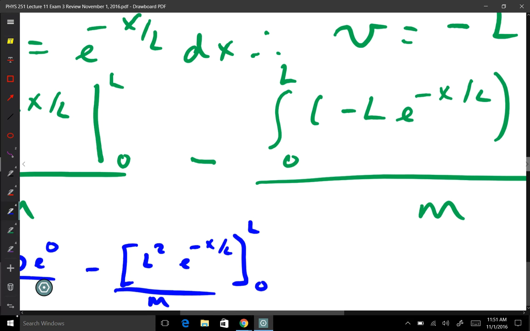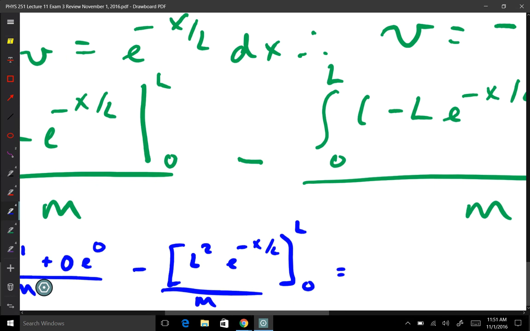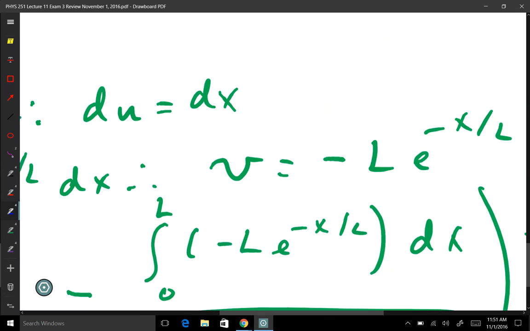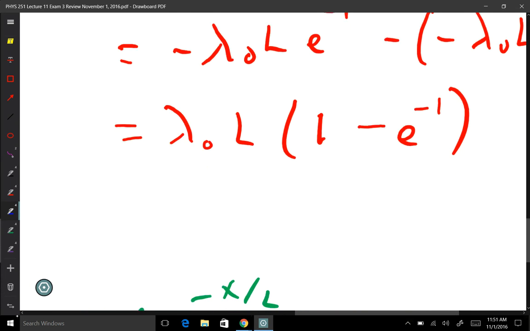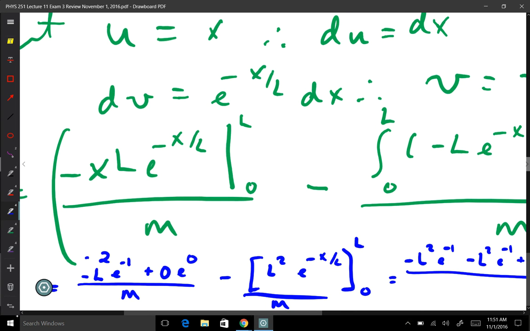Putting all of that together, all over, what did I get for M? Oh, I forgot the lambdas again. It's good that there's a quick fix for that.